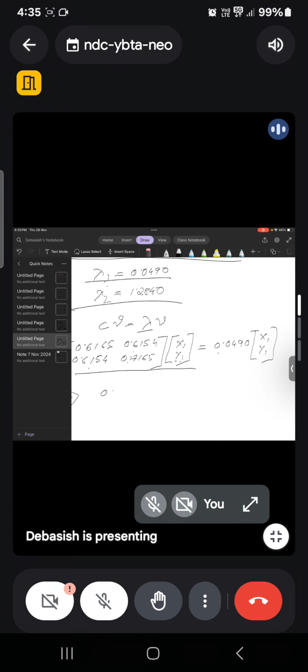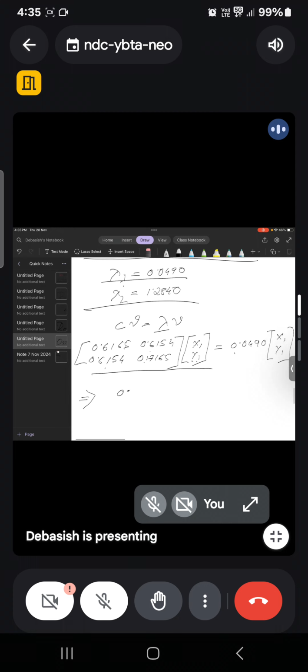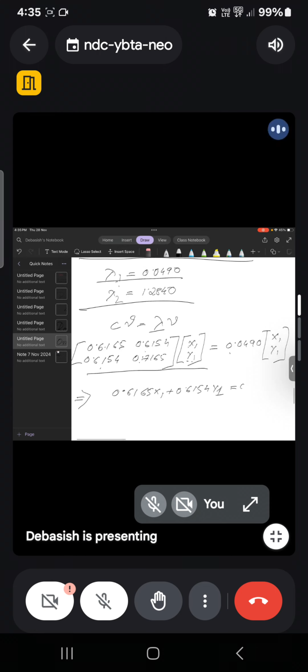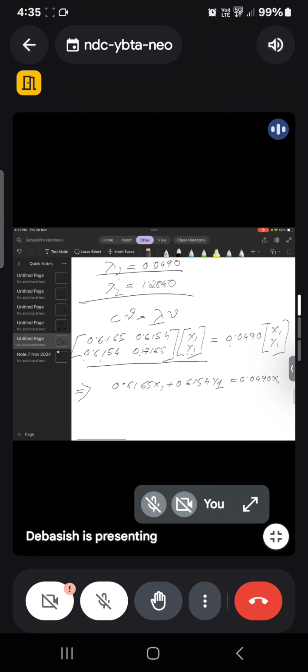Doing the matrix multiplication, we get 0.6165 x1 plus 0.6154 y1 is equal to 0.0490 x1, and similarly 0.6154 x1 plus 0.7165 y1. You know matrix multiplication, first row, first column, so I will not go into details.